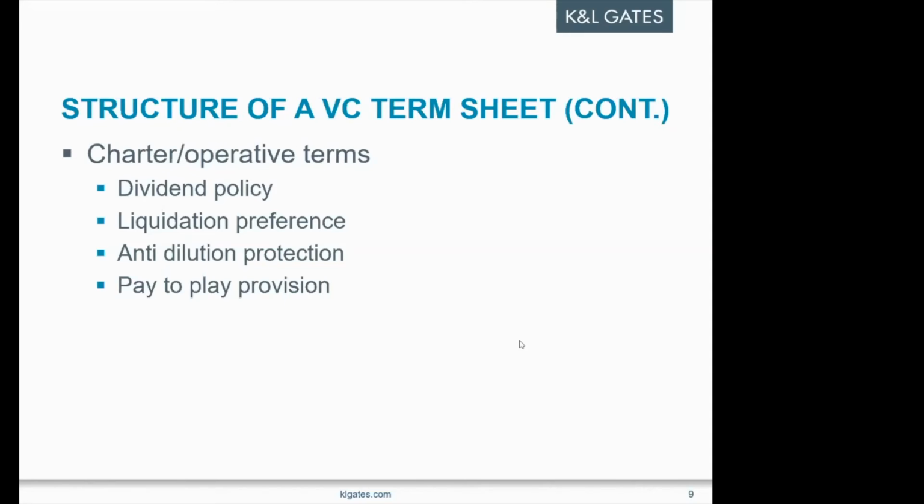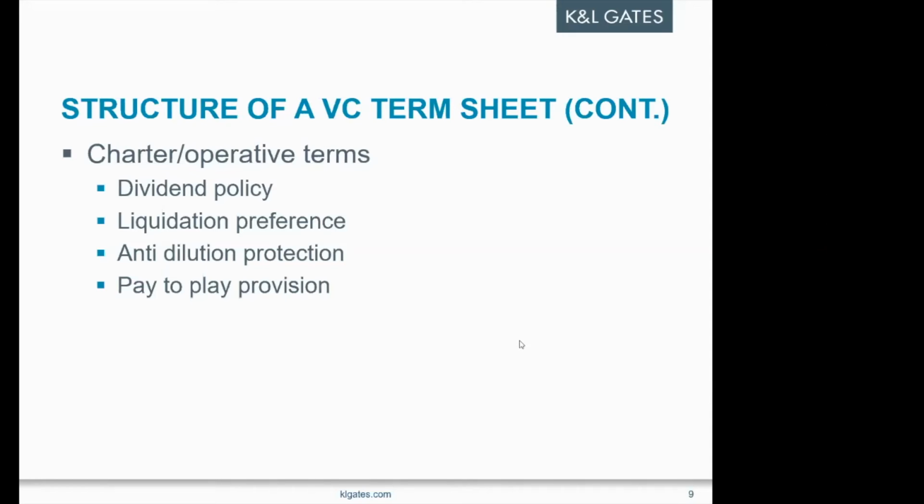This clause is usually really important to a VC investor, who will probably want to have it clearly set out in a term sheet, so that the understanding of both parties is clear from the outset. There are 2 common types of liquidation preference in venture capital that I'm going to briefly mention: the non-participating preference and the participating preference.